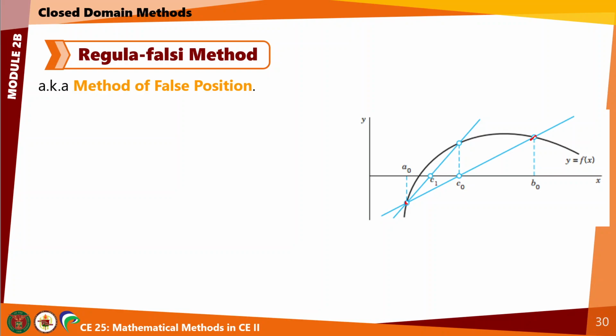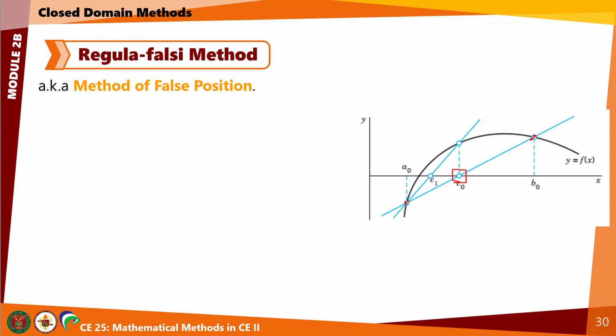So ito yung point a sub 0, ito naman yung x equals b sub 0. Connect that. Tapos kung saan ma-meet or ma-intersect yung x-axis, yun na yung next na i-consider as an endpoint. Unlike kanina na midpoint, dito siya yung x-intercept of the line connecting the two intervals.